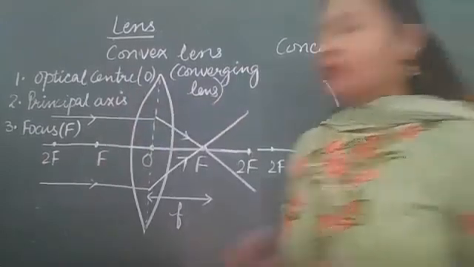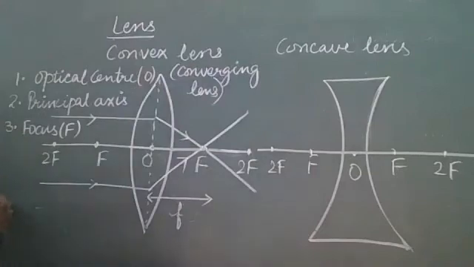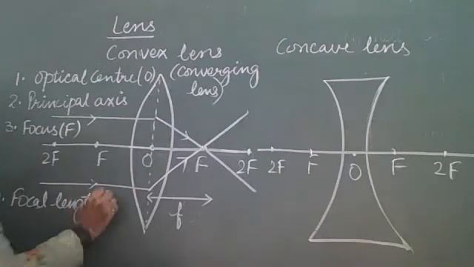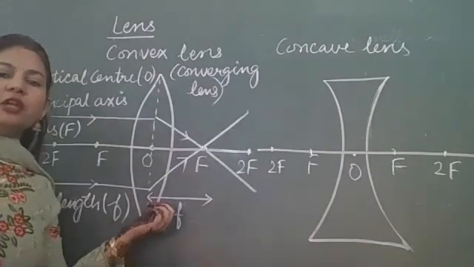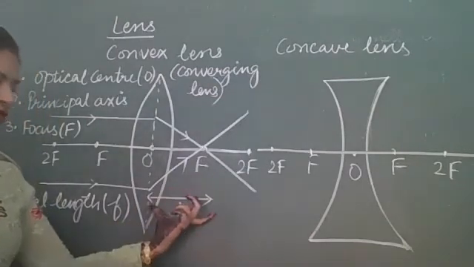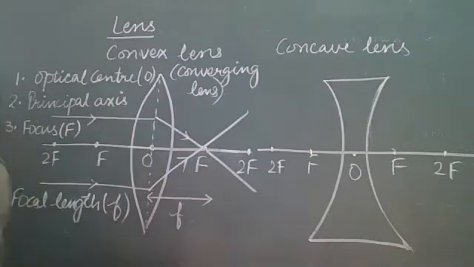So the fourth definition is focal length, denoted by the symbol small f. Focal length is denoted by the symbol small f. I was telling you, it will be the distance between optical center and focus. All the distances in case of lenses will be measured from the optical center.